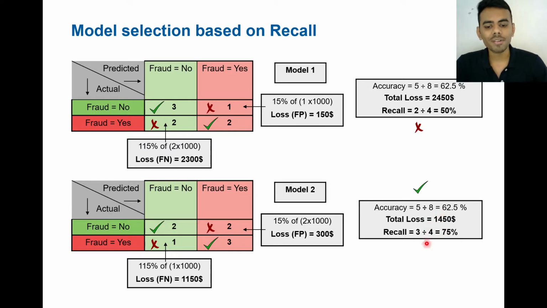So now recall is giving me a clear indication that this model is way better at classifying fraudulent cases compared to this model, which is also reflected in the loss amount that the business makes. So now I have a much more clear indication of which model is better.